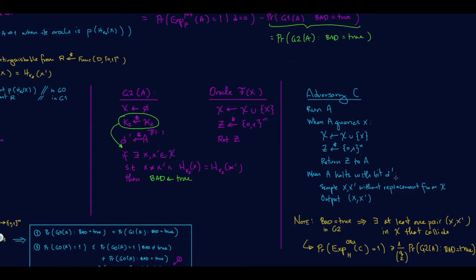At some point, A halts. When A halts with this bit D prime, C is going to ignore D prime. It's going to look at this set of things, and it's going to pick two of them without replacement, meaning it's going to be sure that this and this are different from this set, and it's going to output that pair. That's it. So now what do we notice? Look, if bad is equal to true in this game, that means there does exist at least one pair for which this is true.